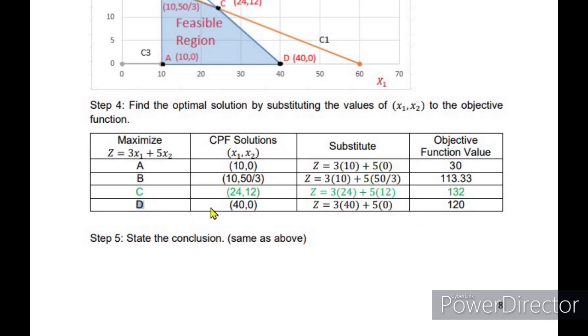And for point D, substitute this solution to the equation. So you get this. So since we are maximizing here, we get the highest, which is 132. So this green font is our optimal solution. So the conclusion is just the same with the above conclusion in the algebraic method.